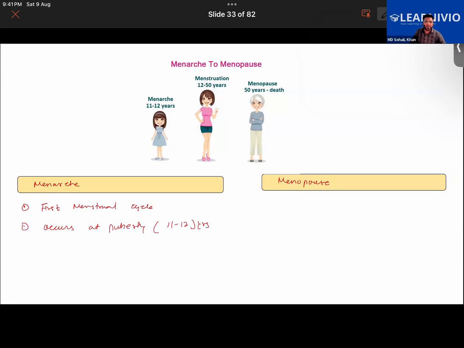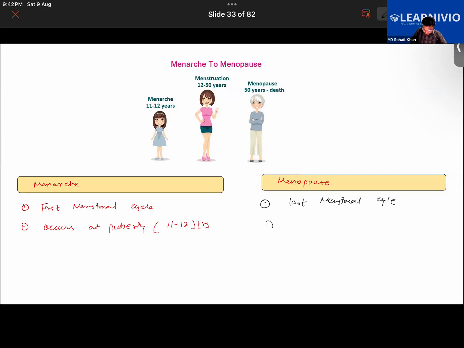So it may vary from person to person, by the way. It depends upon the lifestyle, health condition, etc. Then about menopause, it's the last menstrual cycle.